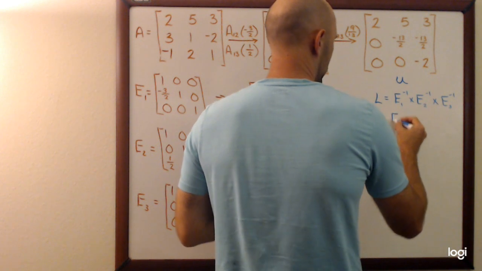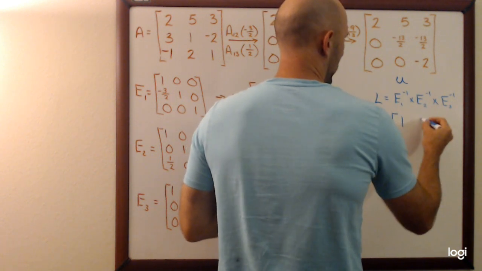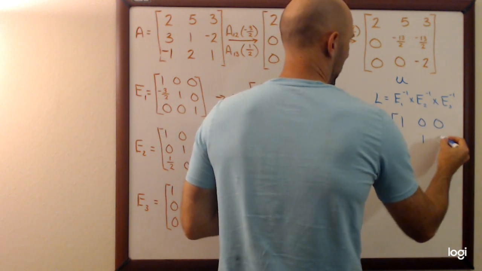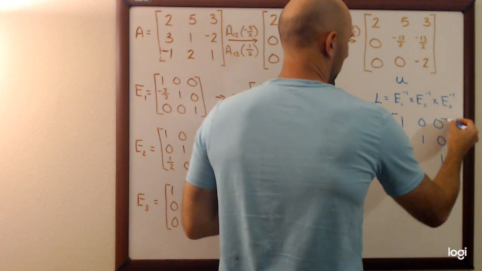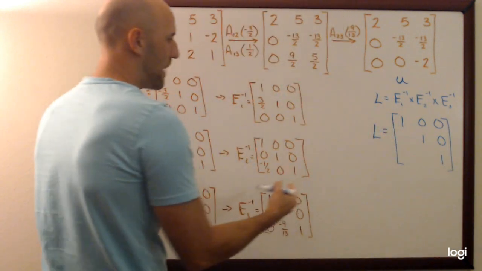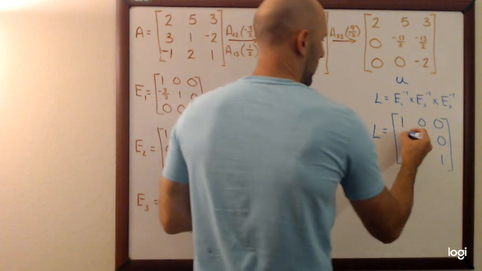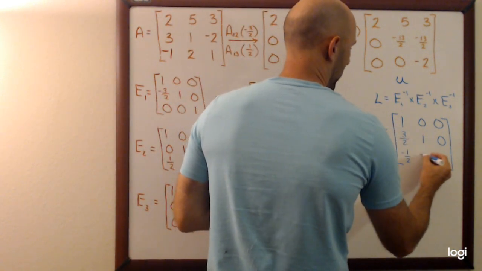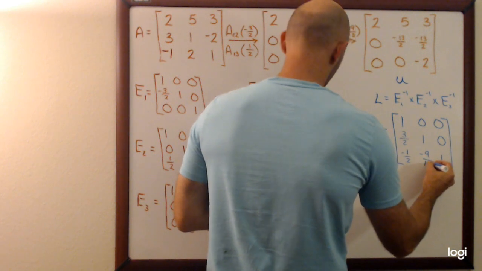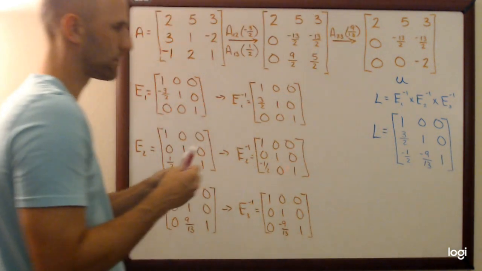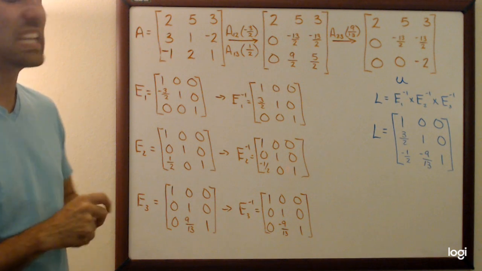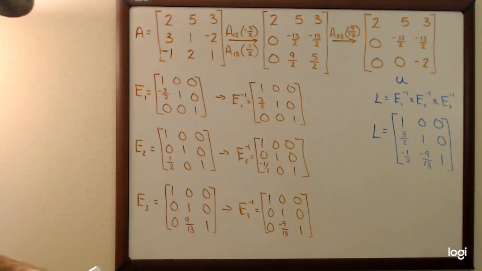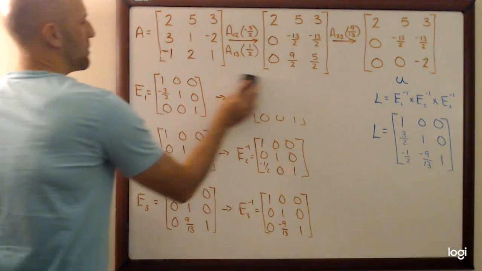L is 1, 0, 0. Okay, it's lower triangular, and these values come from my inverse: 3/2, negative 1/2, negative 9/13. This gives me my factorization.